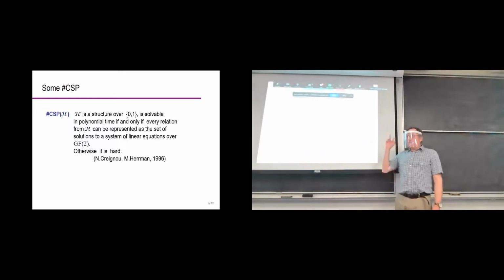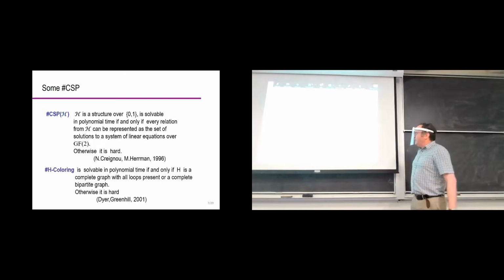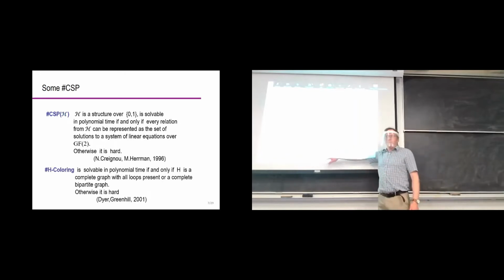So far we have two reasons for a counting CSP to be easy. One, it's trivial, which is not a particularly good reason, and another, that it's a system of linear equations. We will see one more reason for a CSP being easy. And that's the result I mentioned already.